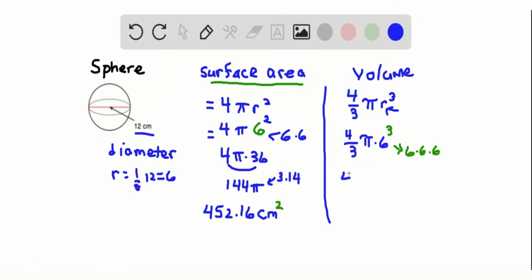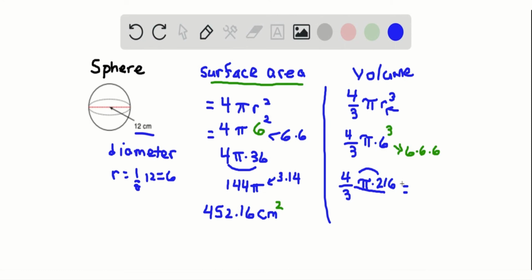So I have 4/3 times pi times 216. Now we're going to go ahead and multiply times pi. Okay, there's more than one way we can do it. We can multiply times 4, right? And then have that be the numerator.